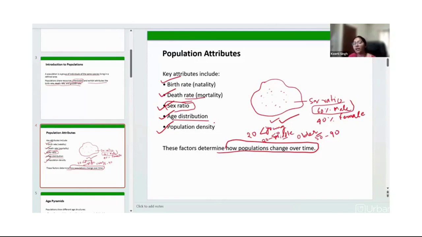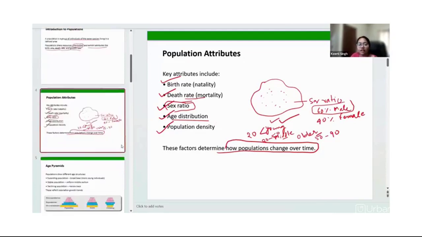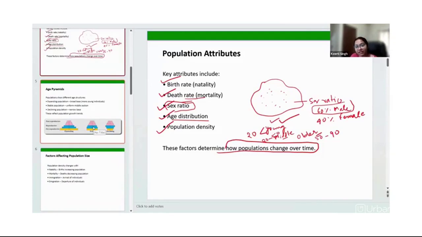These are taken into account when we are going to study population genetics. What is the population? What does this population consist of? So these factors come in handy when we are going to study the ecology of a particular geographical area. This area may depend upon the cause of your study.